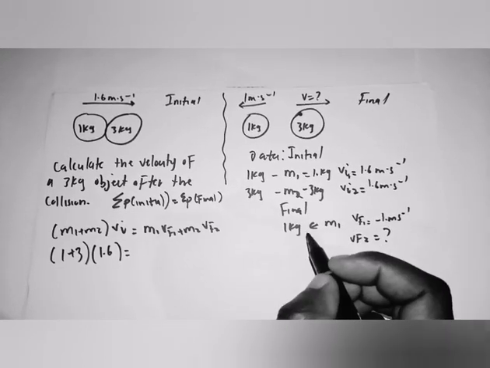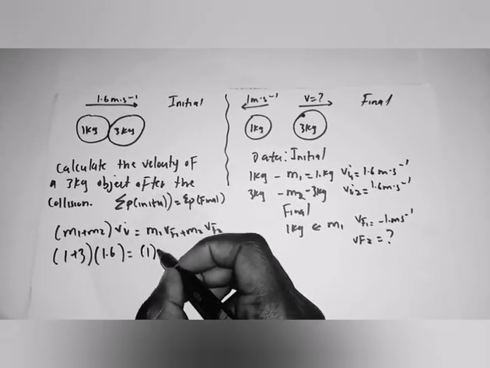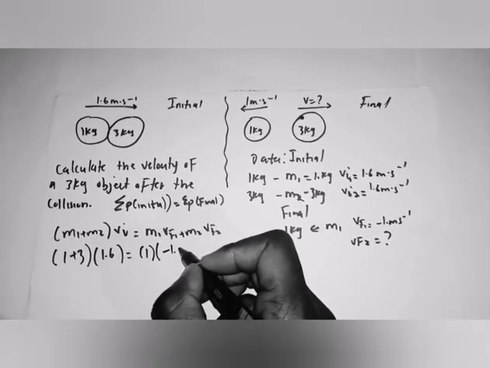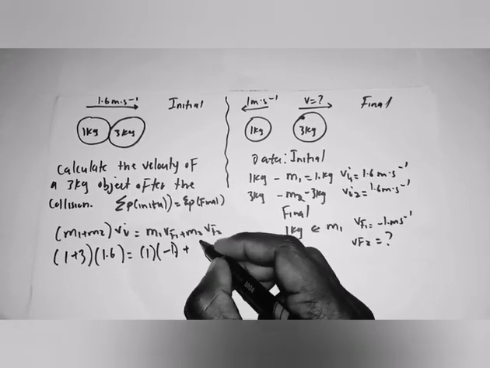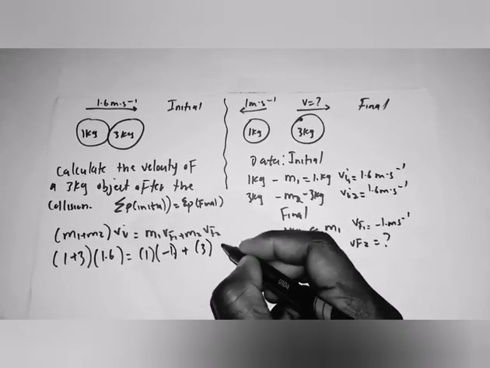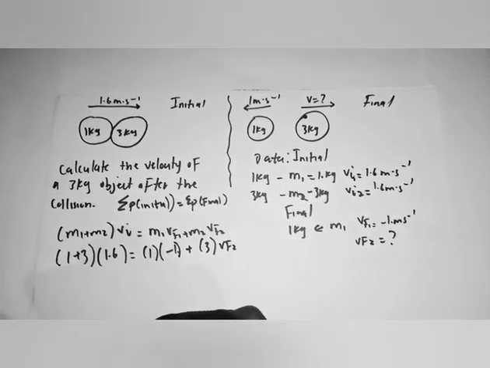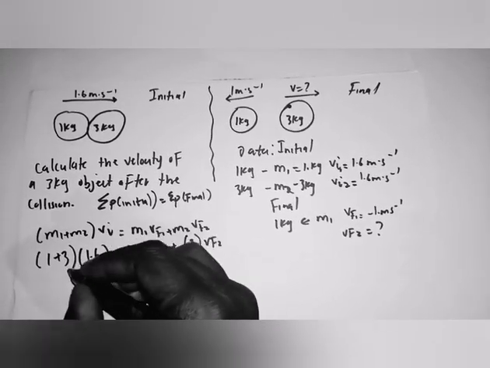Now mass 1 is still the same mass, which is 1 kg, times VF1, which is negative 1 meter per second, plus m2, which is the 3 kg, times VF2. So VF2 is what we are looking for, the final velocity of 2.